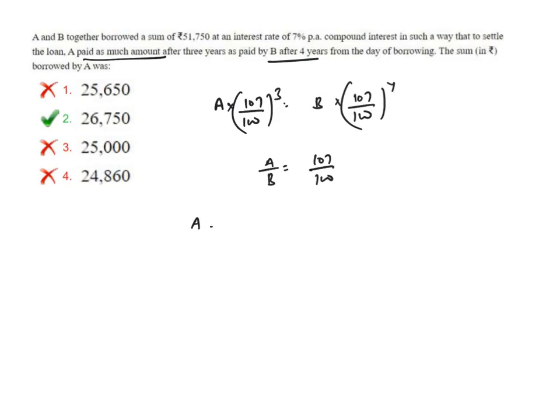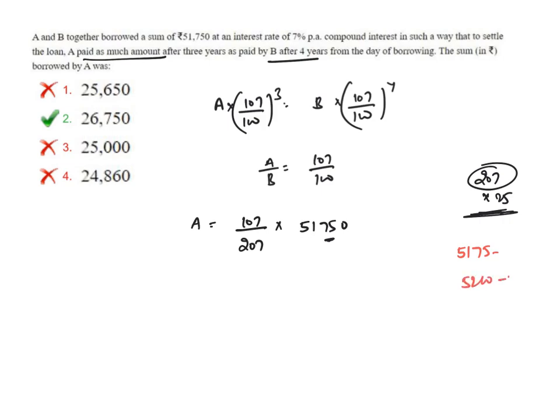A's share will be 107 by 207 into 51750. It will definitely cancel with 207. So you can say 207 into 25, because 207 into 20 will be something around 4000, and it is ending with 5, so I checked with 25. You can also check it this way: 5175 can be written as 5200 minus 25.